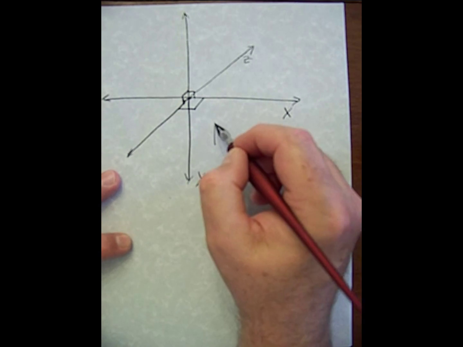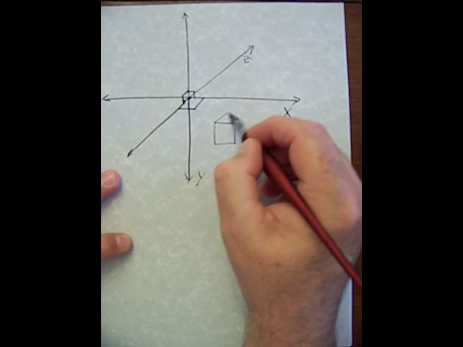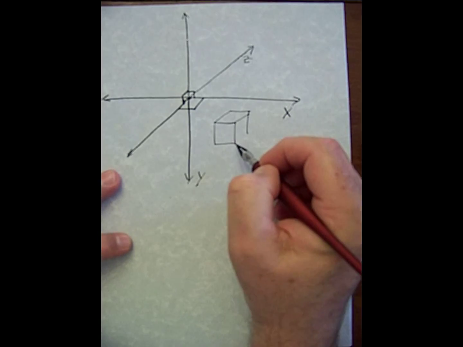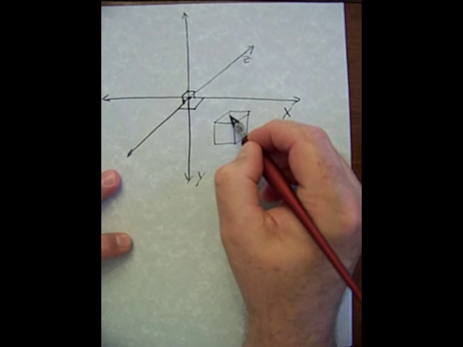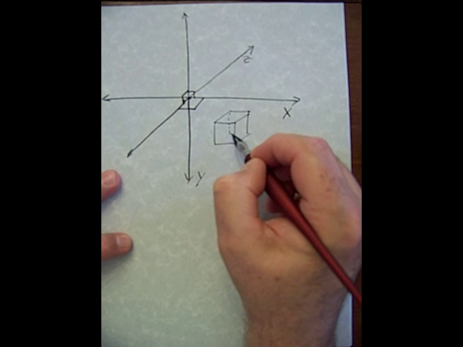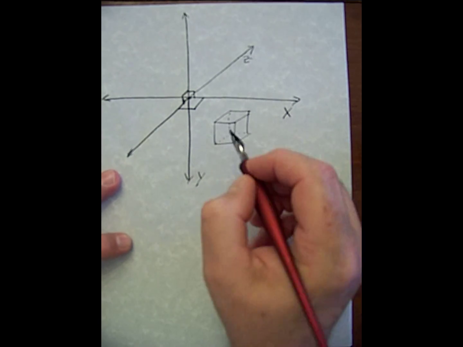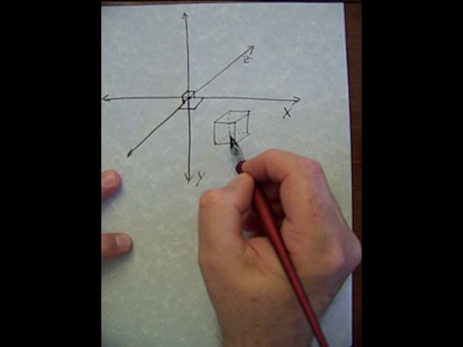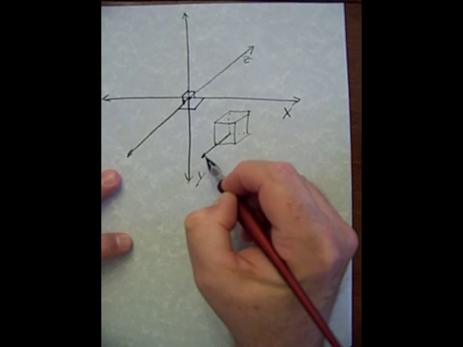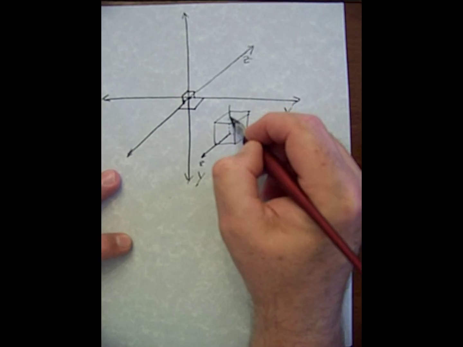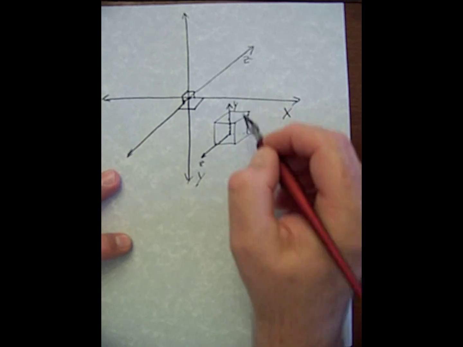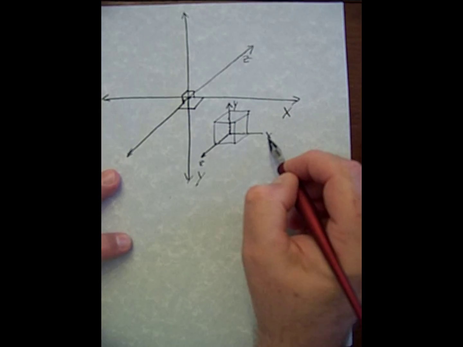So, if in three-dimensional space we had a cube, then this would be the z direction, this would be the y direction, and this would be the x direction.